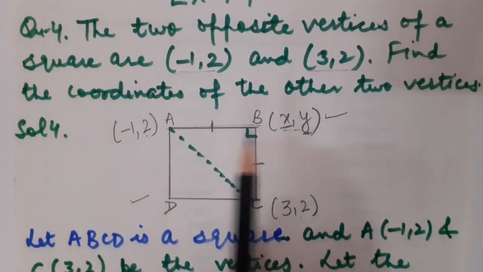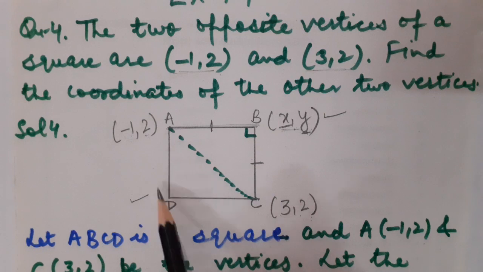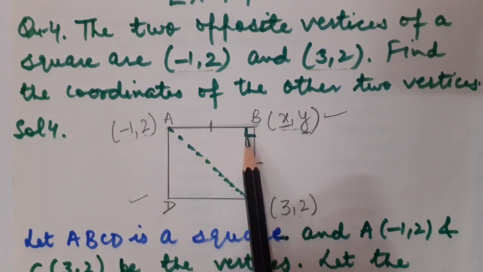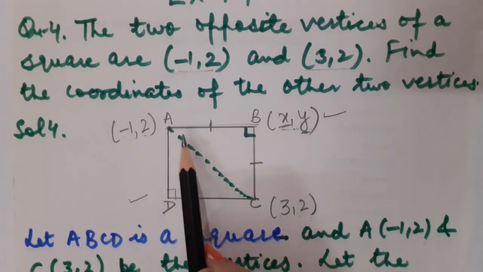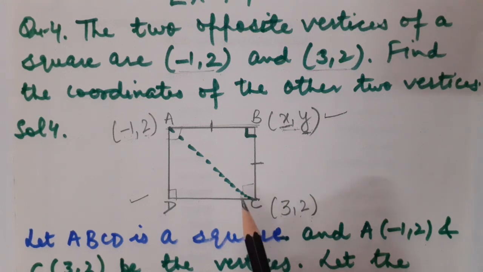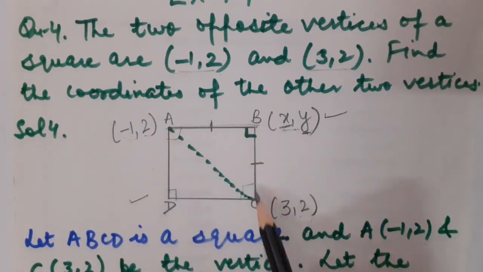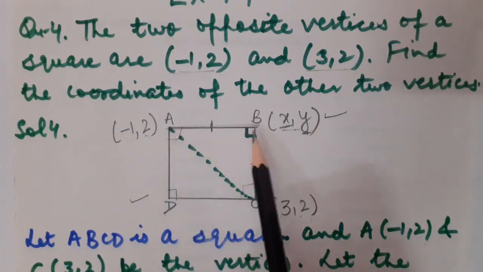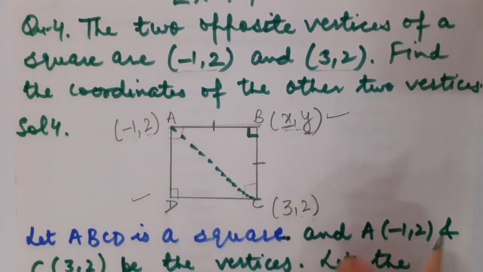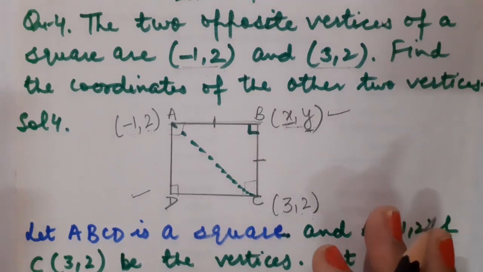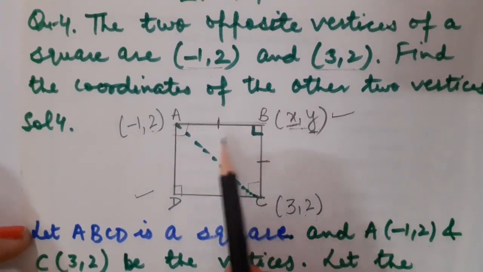So what am I going to do? Children, you know that this is a square. Each and every angle of a square is of 90 degrees. Yes or no? So I can definitely apply Pythagoras theorem in this particular triangle, that is ABC. Now what is Pythagoras theorem? What is the statement of Pythagoras theorem?